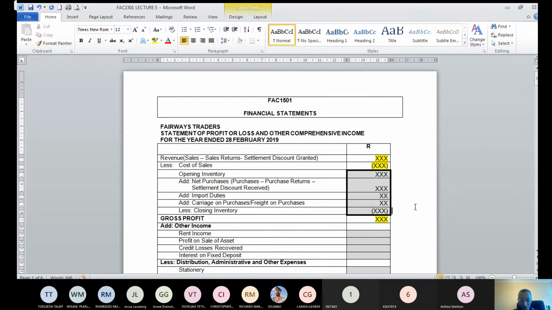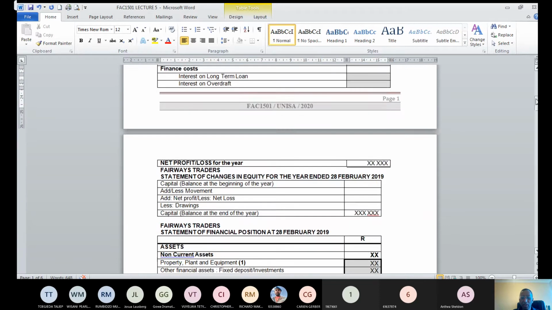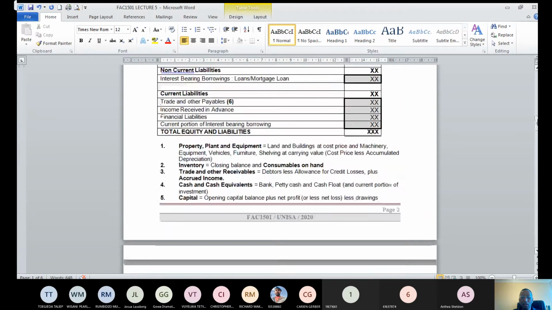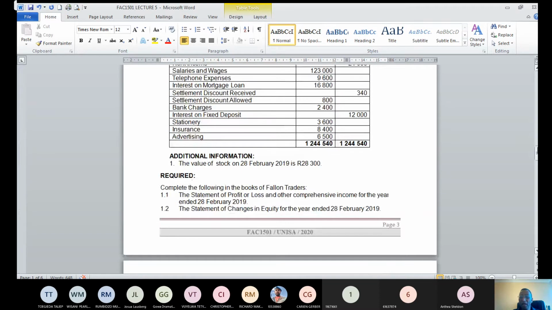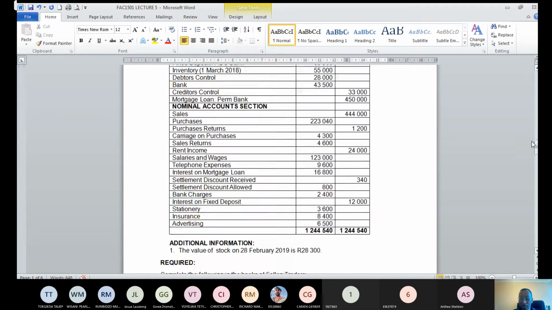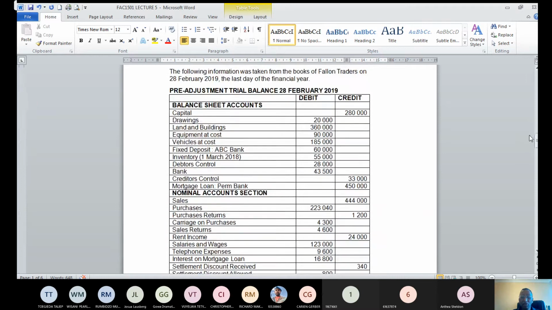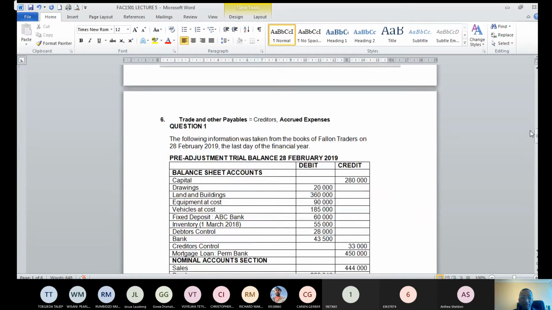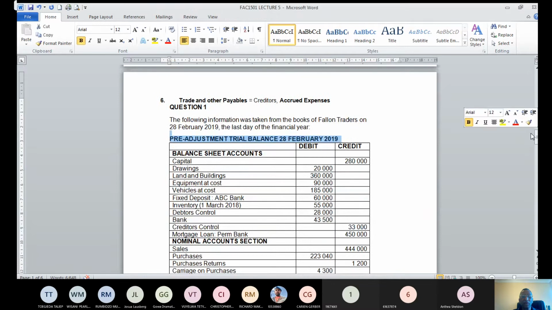So just to complete the section and your understanding of this now, we are going to the notes, and we are now onto page 3 of your notes. On page 3, there is a trial balance. This is the trial balance of Fallon Traders taken on the 28th of February 2019.